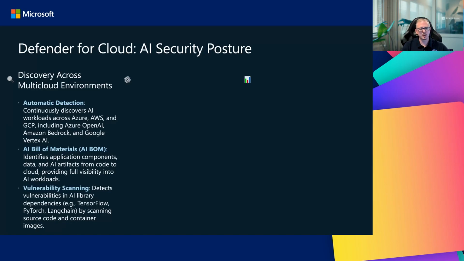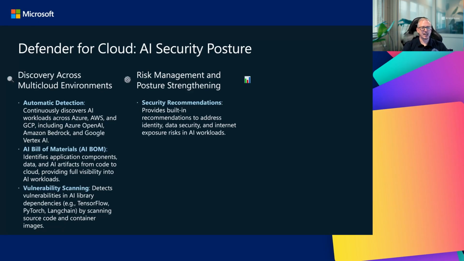It's also able to execute vulnerability scanning against different library dependencies which you're ingesting in any of your AI workflows. So if you're using TensorFlow or PyTorch and you're using older versions, then it's able to identify that for you and light that up within the portal.